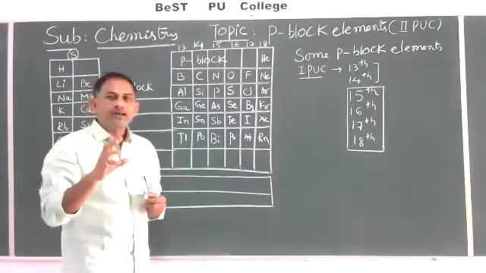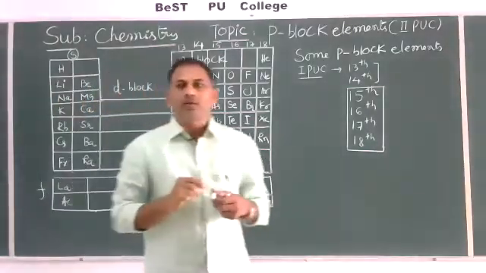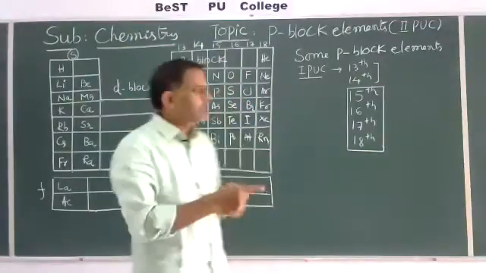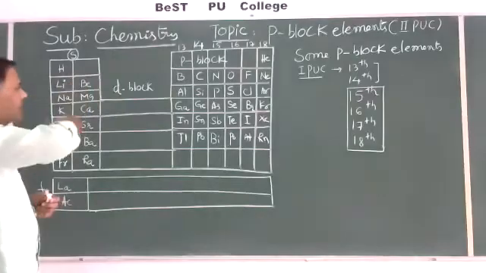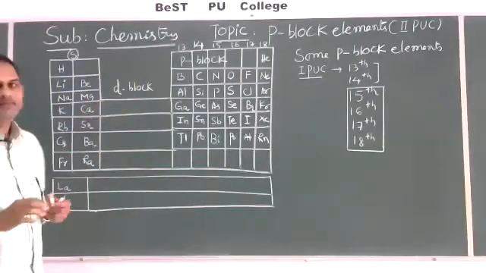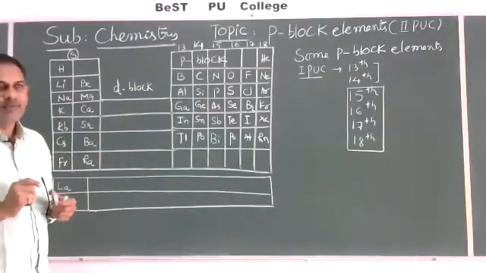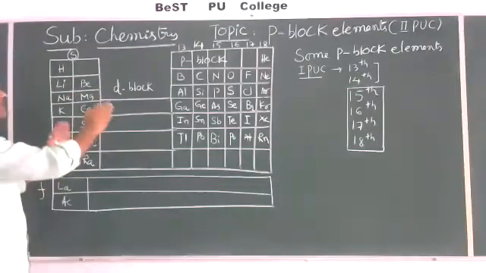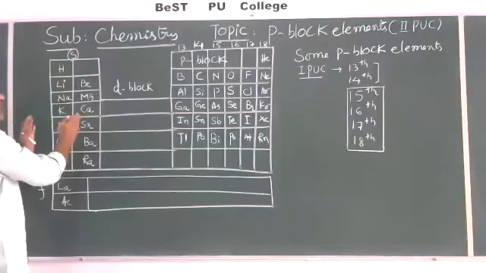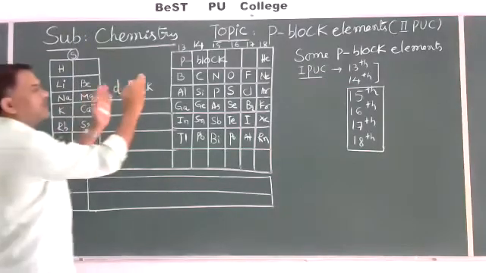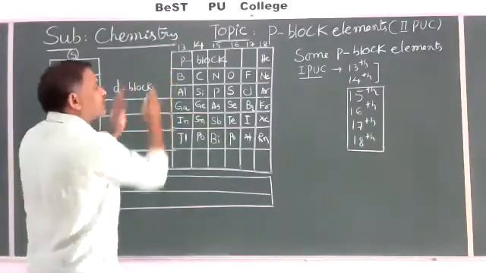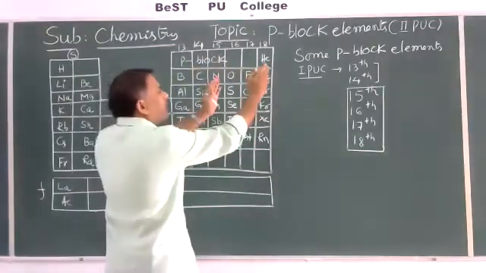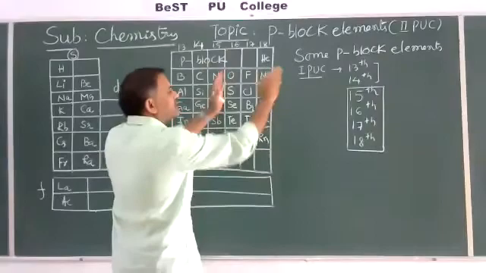In first year, 11th standard, under the name of periodic classification of elements, the periodic table was explained. On the basis of this periodic table, S block elements were created as one chapter and some P block elements as one chapter in 11th standard, and the remaining P block elements are in second PUC, 12th standard.